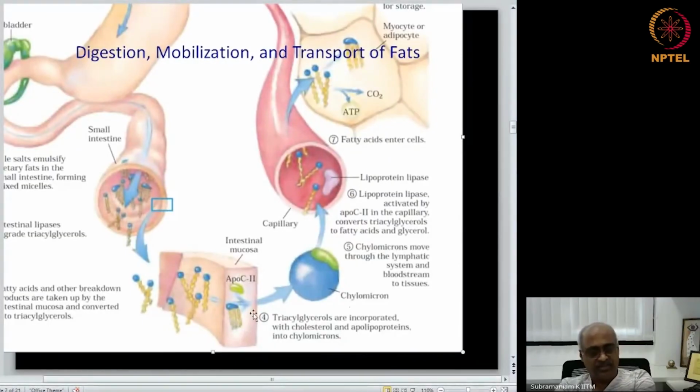And when they associate with triacylglycerol and also phospholipids, you get a structure called chylomicron. Remember, this is an important structure. So we will look at its structure in detail in the next slide. So this hydrophobic triacylglycerol is made transportable in the body fluids like the lymphatic system and the bloodstream by the formation of chylomicrons. And what the chylomicrons are, I'll show you in the next slide. So we'll go to that and then come back.